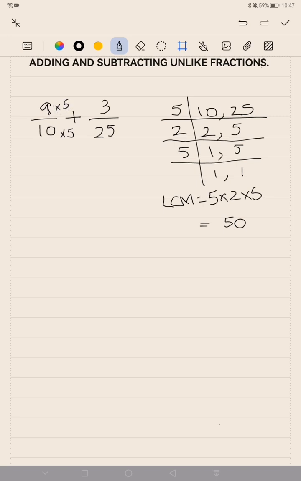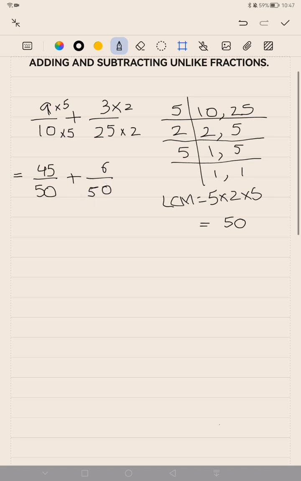So I'm going to multiply 9 by 5. Now to change 25 into 50, I'm going to multiply it by 2. So as a rule, I will also multiply the numerator 3 by 2. 5 nines are 45, 10 fives are 50, plus 3 twos are 6, 25 twos are 50.